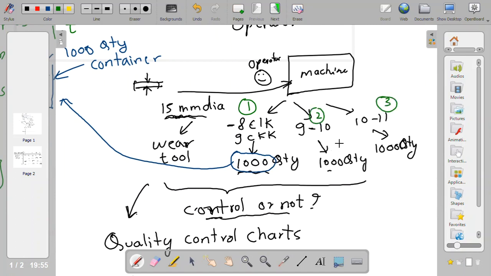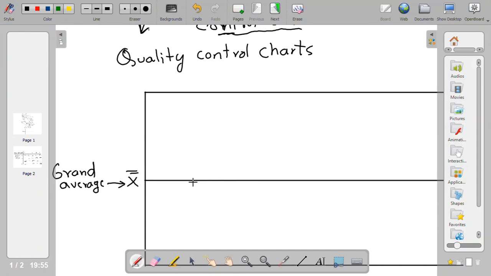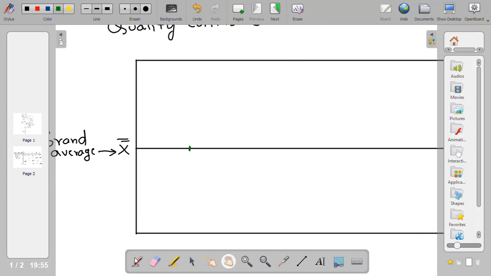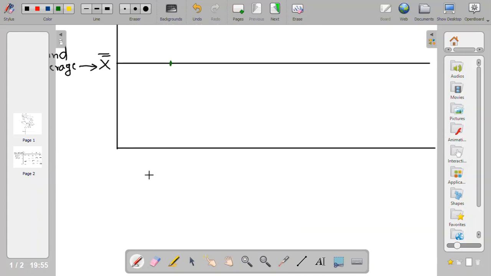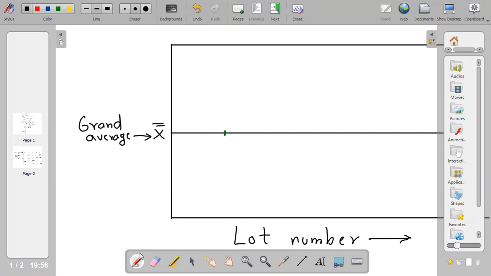In each lot the total quantity is 1,000. Now this is just a graph, with the lot number on one axis. For the first lot he will select 5 samples, and these are the diameters of those samples.